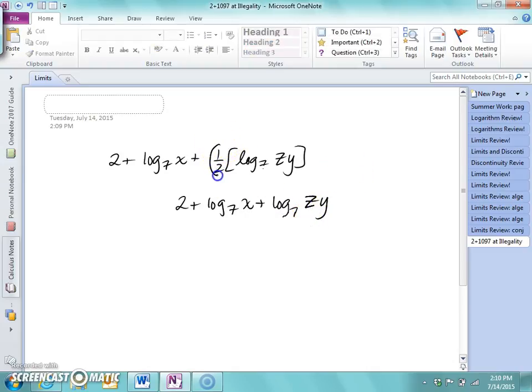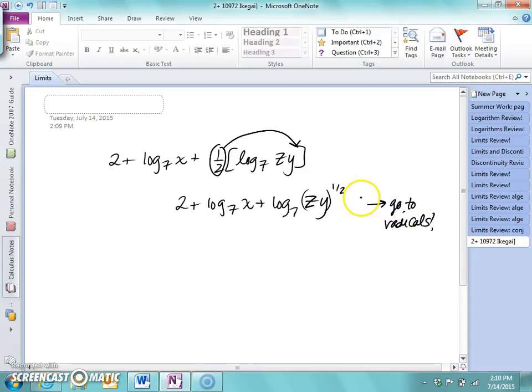Anytime you have a coefficient out front and you're trying to condense, what you need to do is bring that coefficient up top to be an exponent. And whenever we are condensing, you don't want fractional exponents. You want to go to radicals if possible. And raising something to the 1/2 power means taking the square root of it.